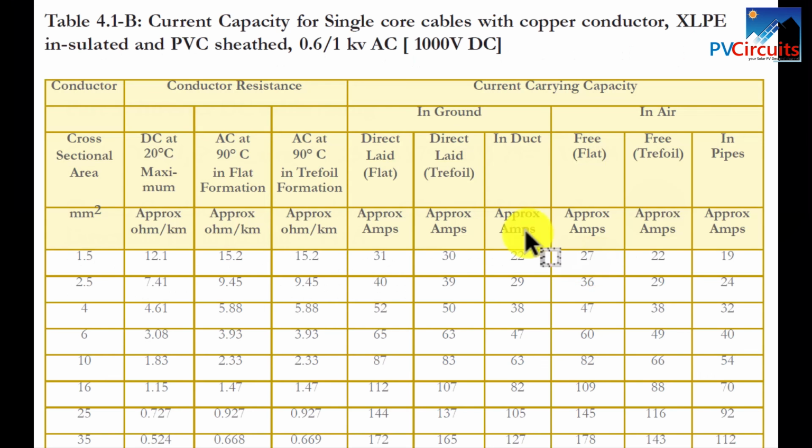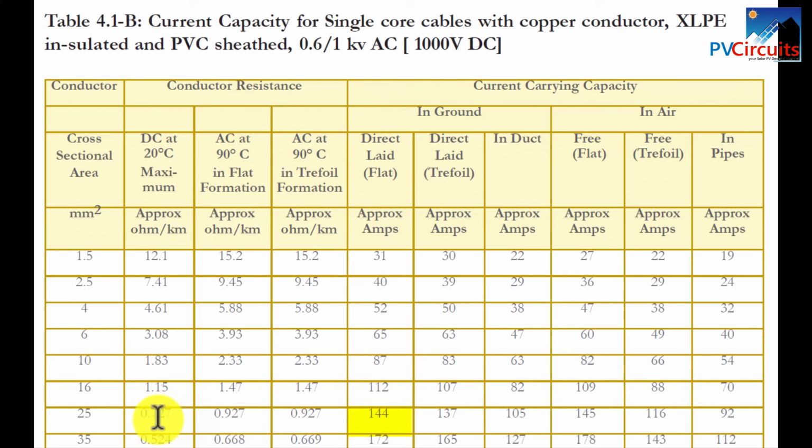This time we are looking at table 4.1b, which is a table for XLPE cables, and as per the problem, we were told that this cable is going to be buried directly, and the current calculated is 133.05 amps. If we move down along this line, we see that the cable above that figure is 144 amps.